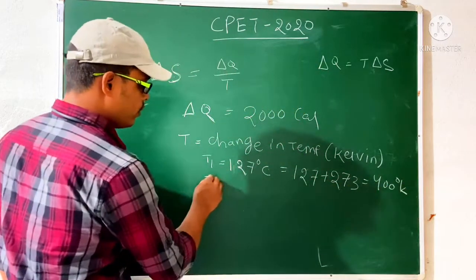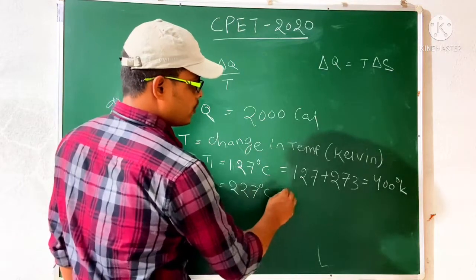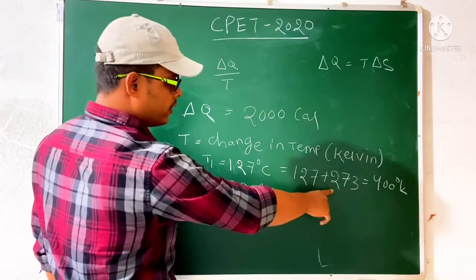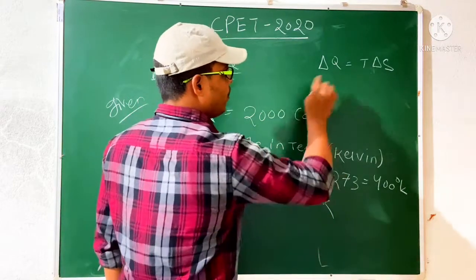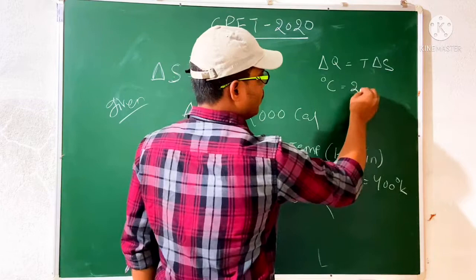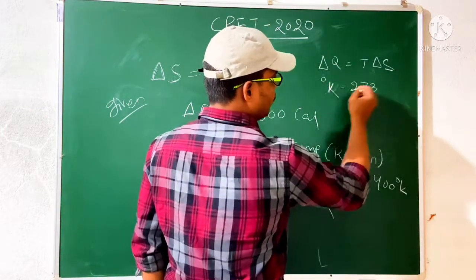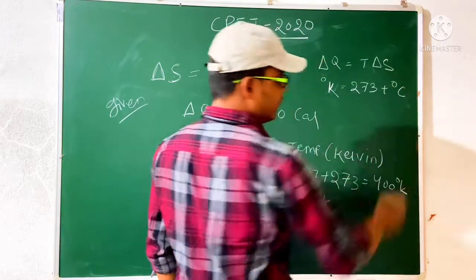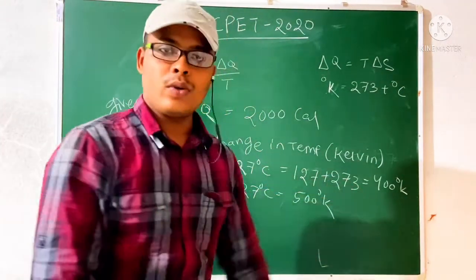Then T2 is 227 degrees Celsius. So you just add 273, and that gives you 500 Kelvin. Because we studied that the temperature in Kelvin is 273 plus the temperature in Celsius. So this is the conversion of Celsius to Kelvin.